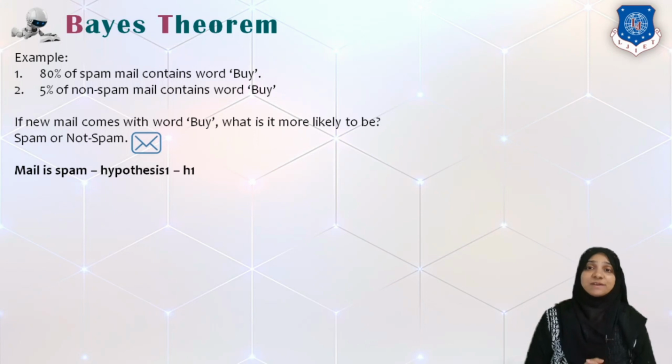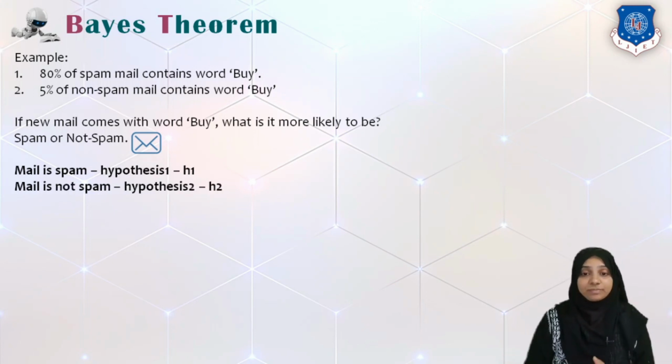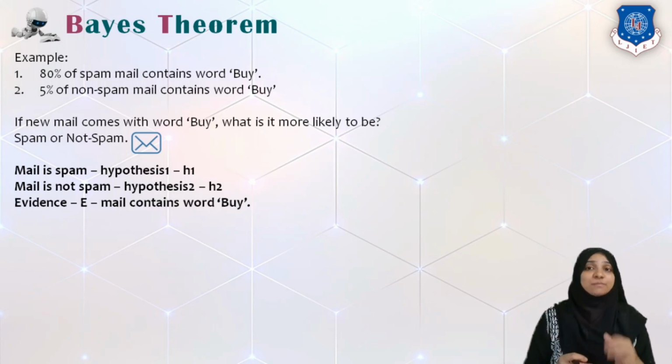So let us consider that hypothesis 1 says that this new incoming mail is of type spam, and hypothesis 2 says that this incoming mail is of type not spam. And the email E, which contains the word "buy", is considered as evidence.